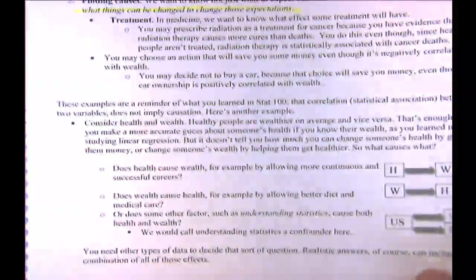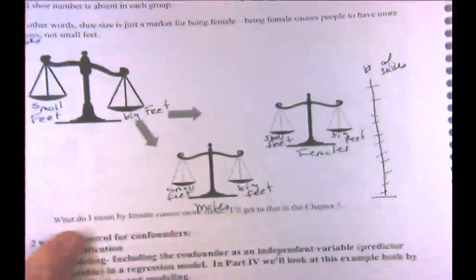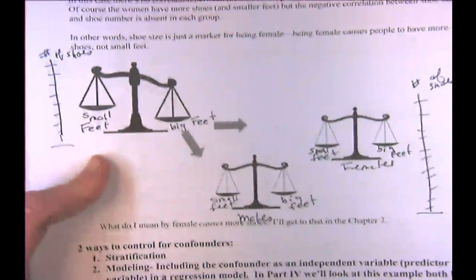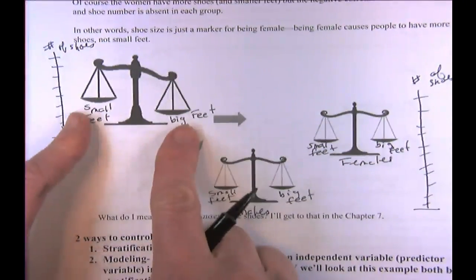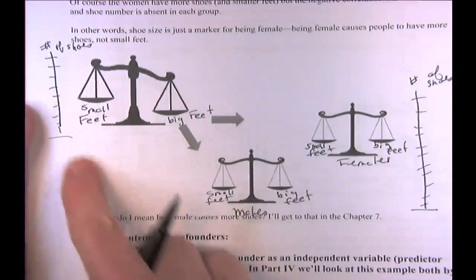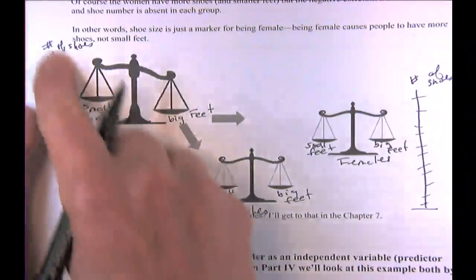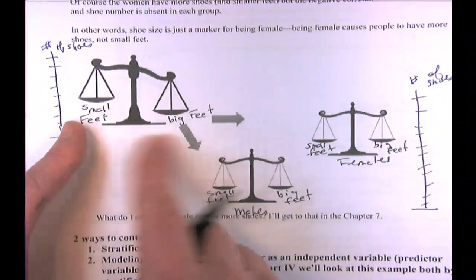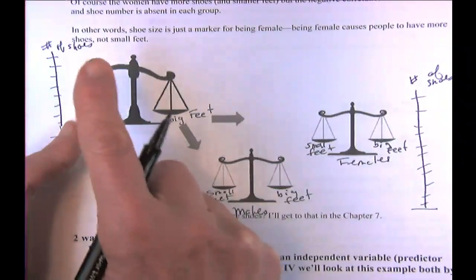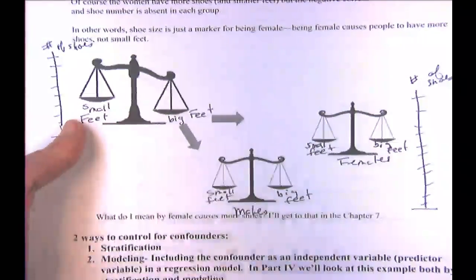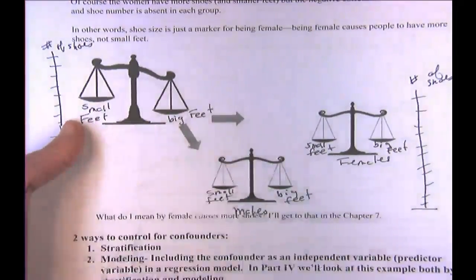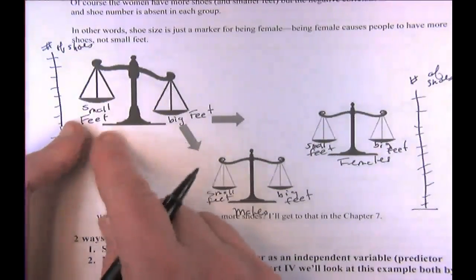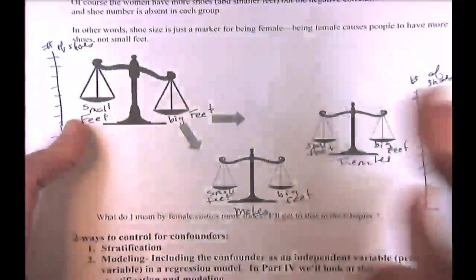So we drew this basic picture: when we're looking at the number of shoes somebody has, it's confounded because the people who have small feet are also females, and they tend to buy more shoes. So we want to separate the effect of the size of your foot from whether you're male or female.